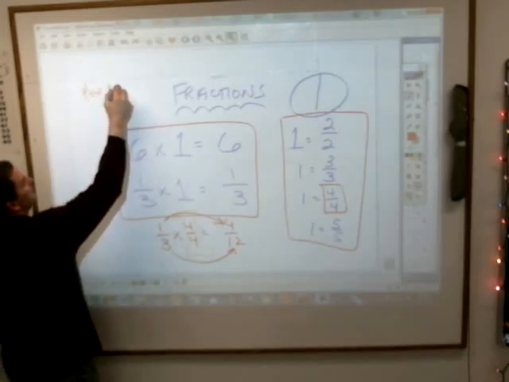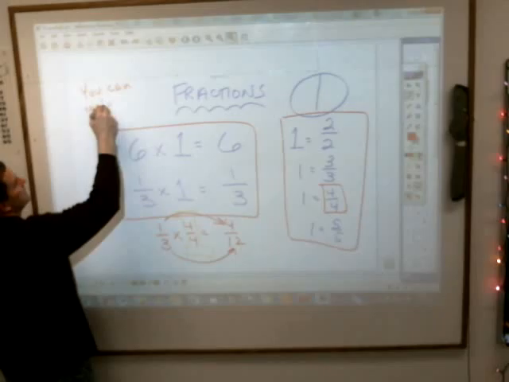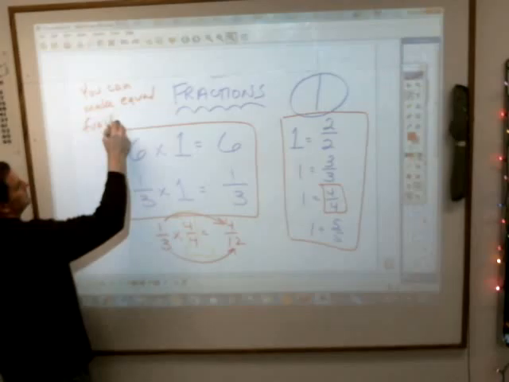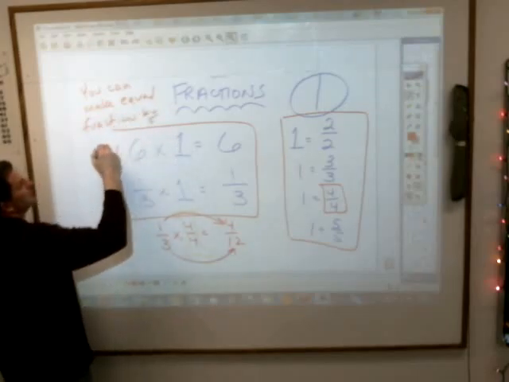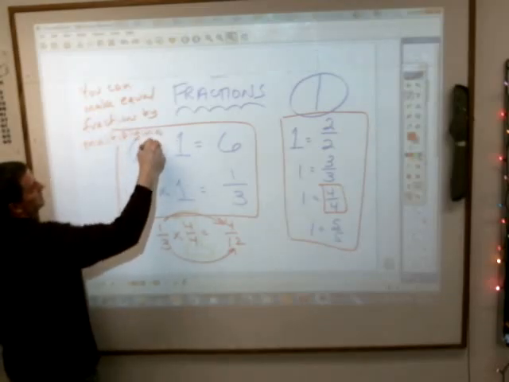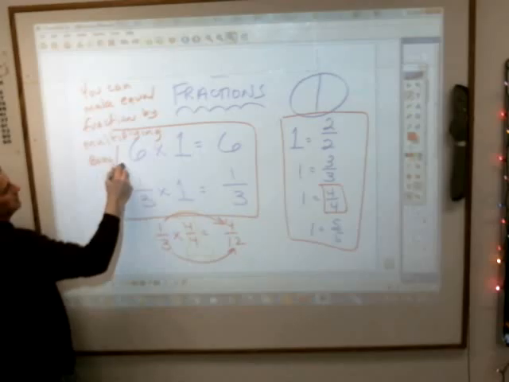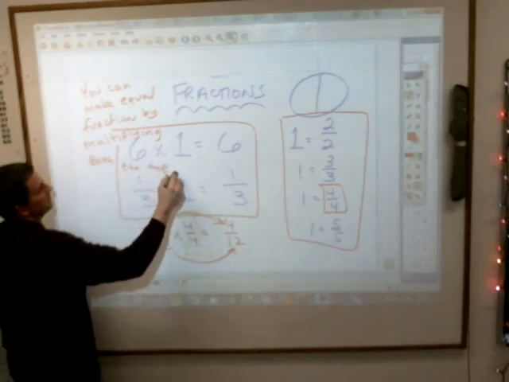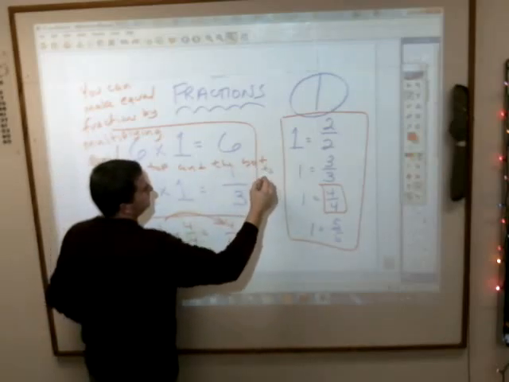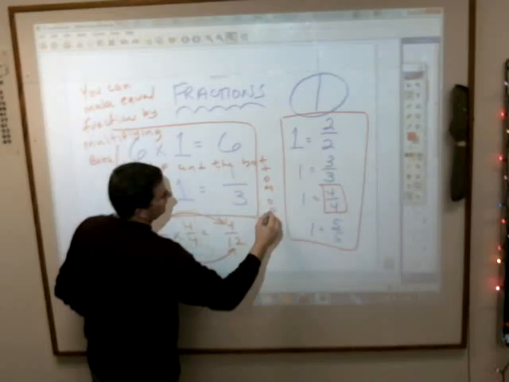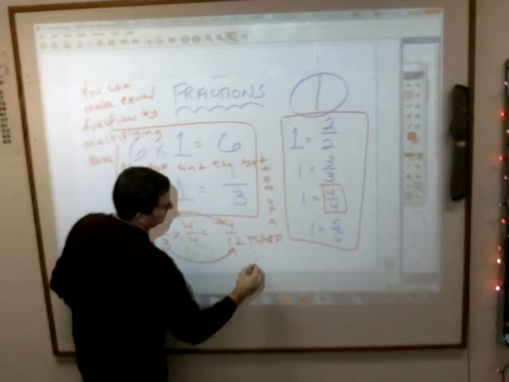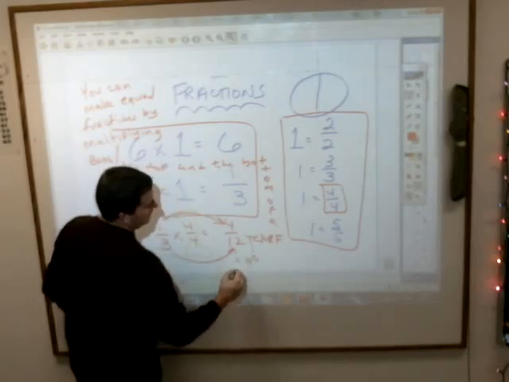You can make equal fractions by multiplying both the top and the bottom of a fraction by the same number.